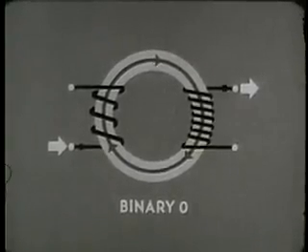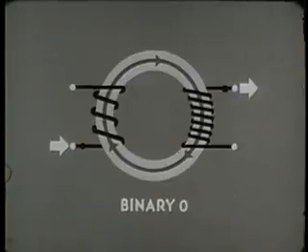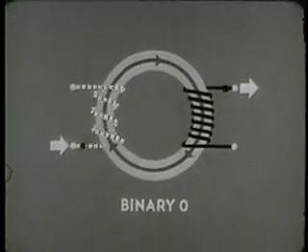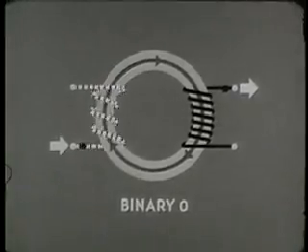This gives us another rule about the dots in a magnetic core diagram. When dot current moves into the input winding, it causes the current to move out the dot side of the output winding, provided the input current produces a change in flux. For example, our core is now set at binary 0, so a second pulse of dot current will have no practical effect. The core is already at the level of negative residual magnetism.